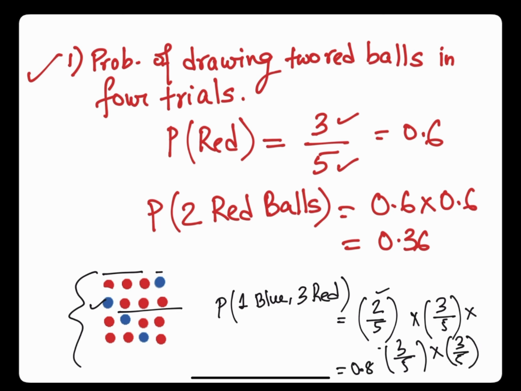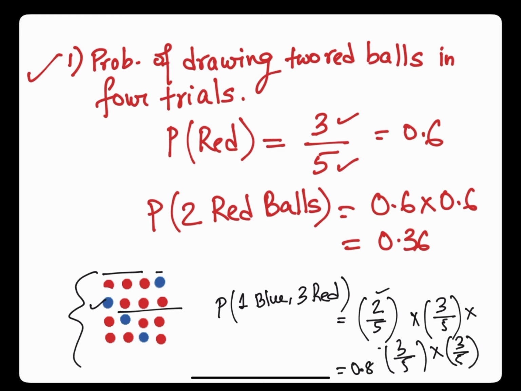Let's say the probability of drawing a red ball is not equal to 0.6, but let's say any number p. So the probability of drawing a red ball 4 times is given by p multiplied by p multiplied by p multiplied by p, which is p to the power 4.